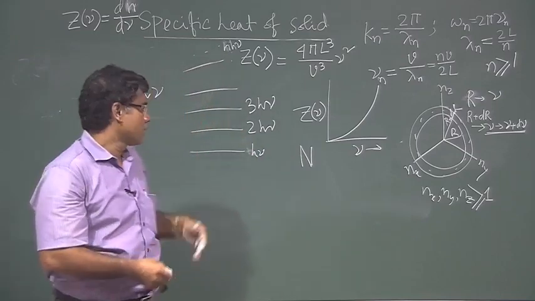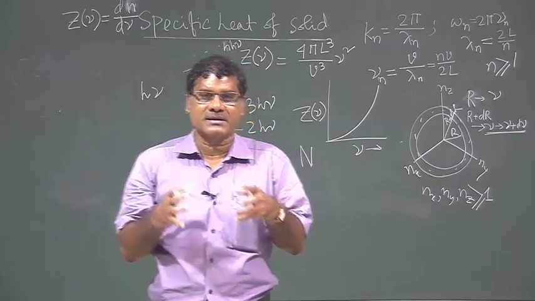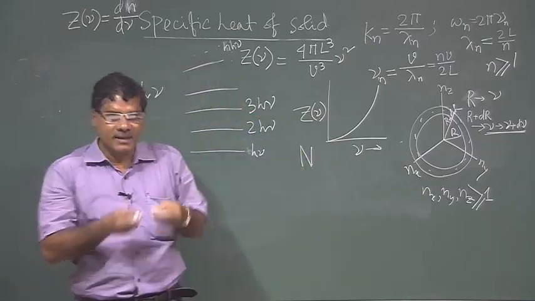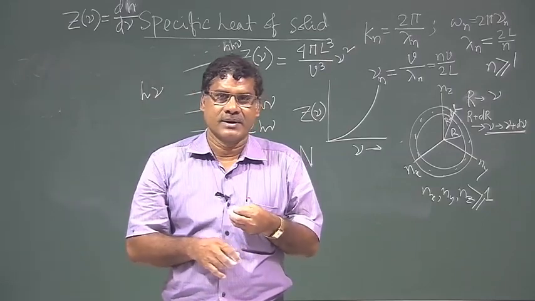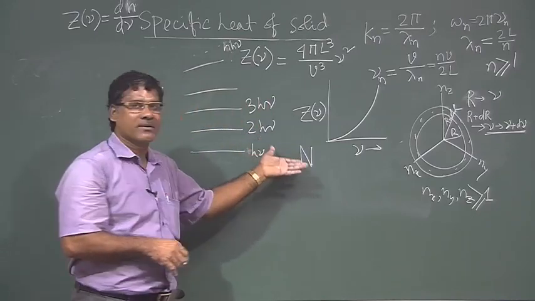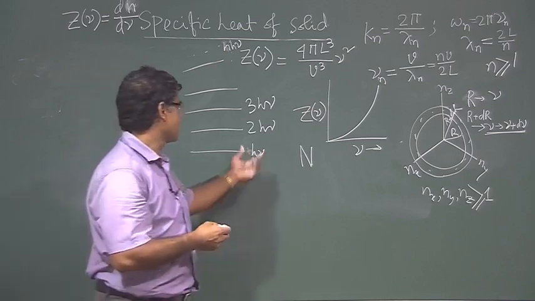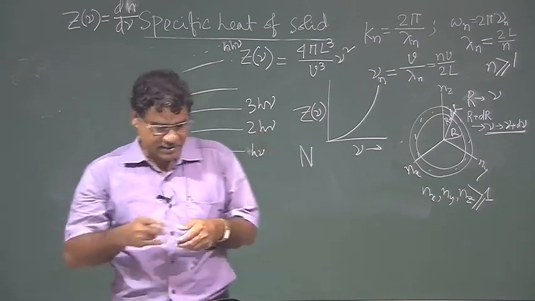Okay. So, here he assumed that since our crystal solid is made of N number of atoms and they are oscillating, they can take a frequency, and each mode takes a frequency.